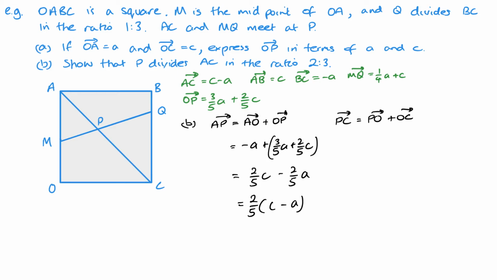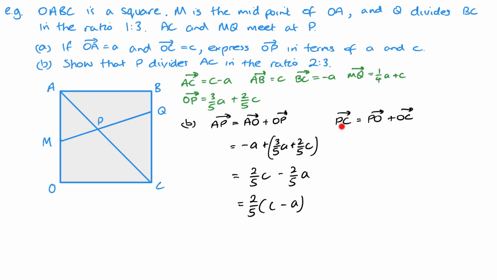Now this is exactly what I'd expect to be seeing. C minus A is what AC is. So it's the same vector, but 2/5 of it, so 2/5 of the way along, falls exactly within my ratio of 2 to 3.